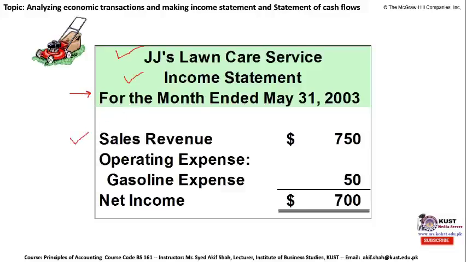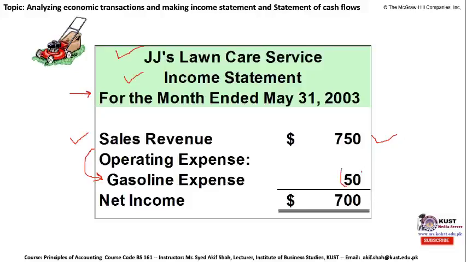So sales revenue, which is the JJ's lawn care service provided to different clients, and the client has paid $750 against the services they have received. At the very same time, in order to deliver these services, the company has borne gasoline expenses. Since this is the simplest kind of income statement, there are only two titles. One is revenue and the other one is expense. Gasoline expense charges were $50.